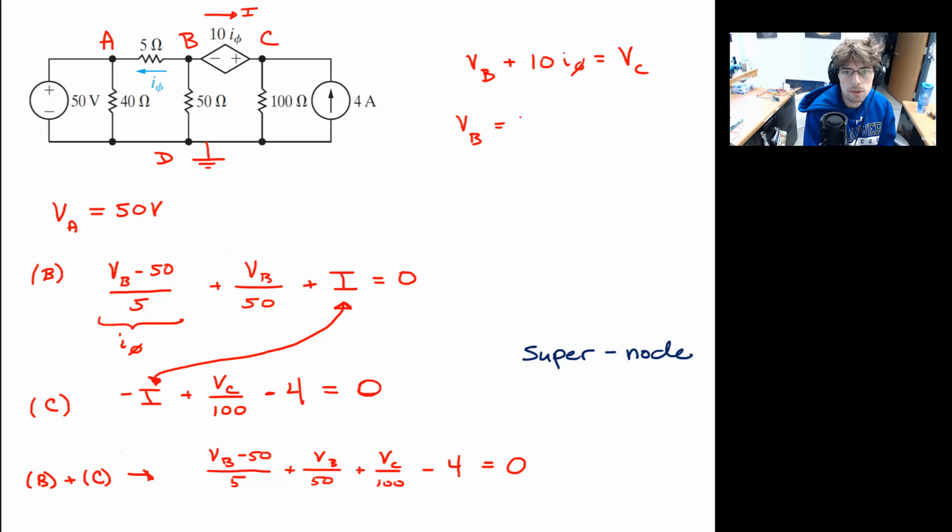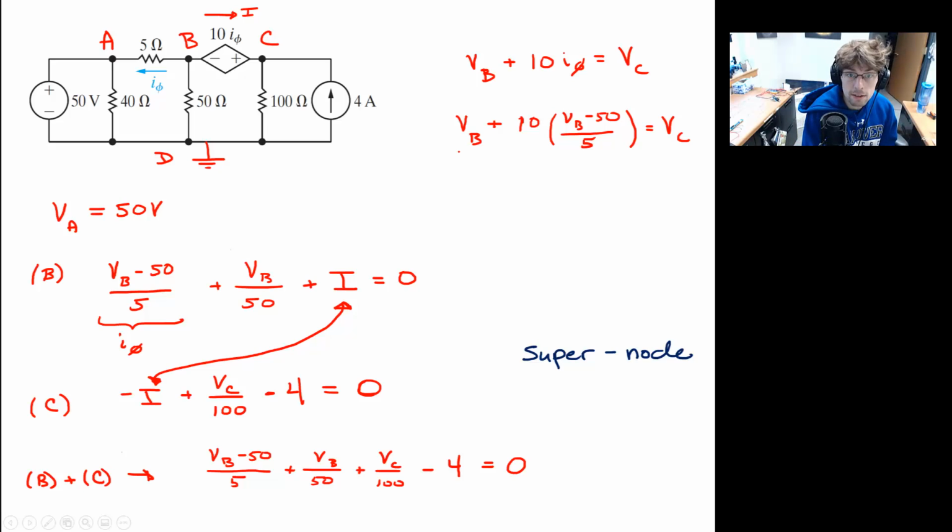VB plus 10 times the quantity, we had I phi highlighted here, VB minus 50, the potential at A, divided by 5 equals VC.